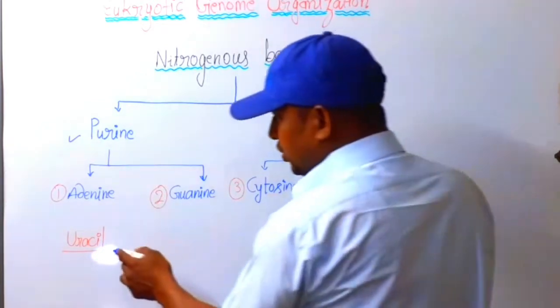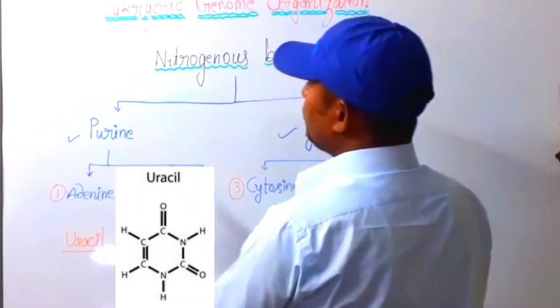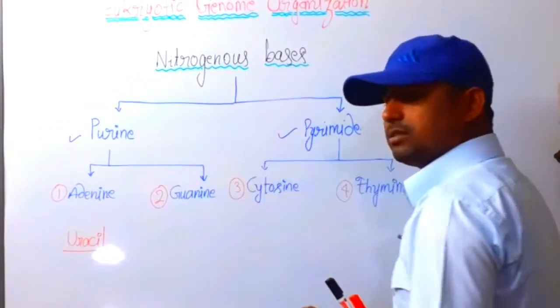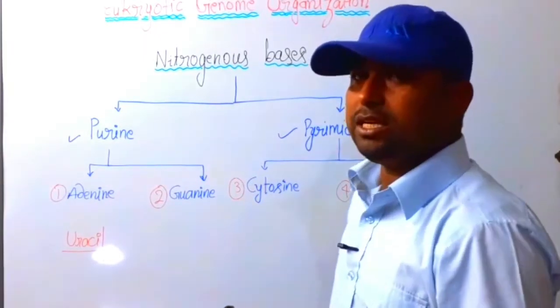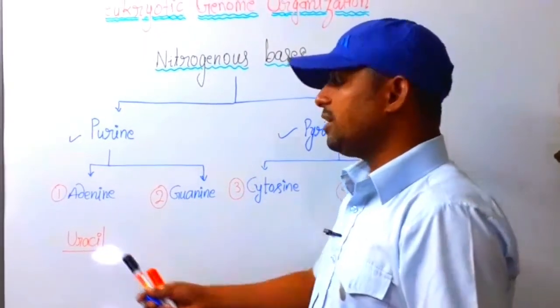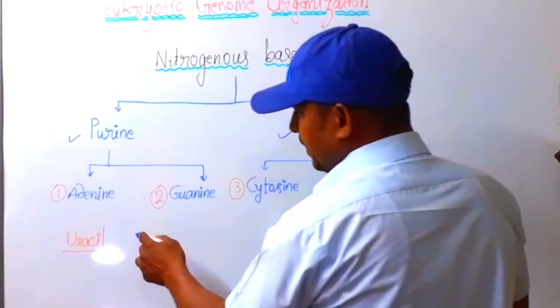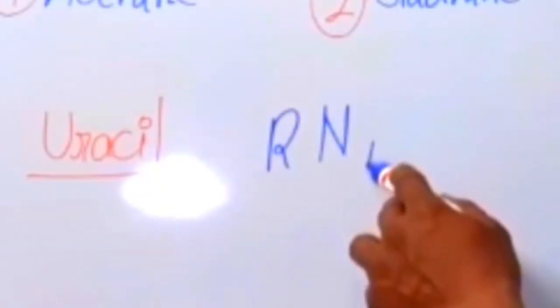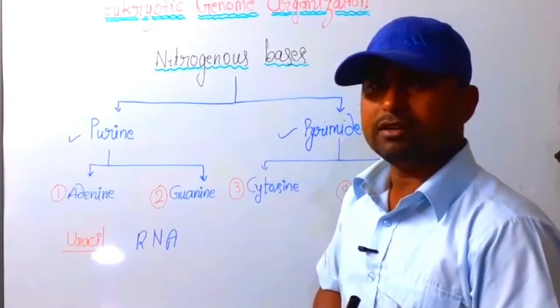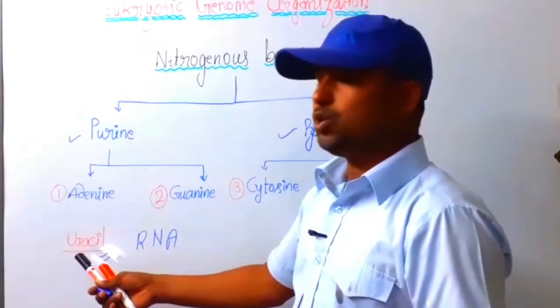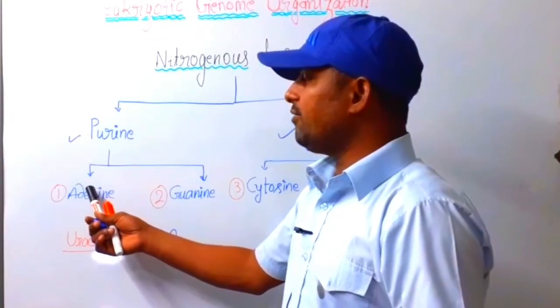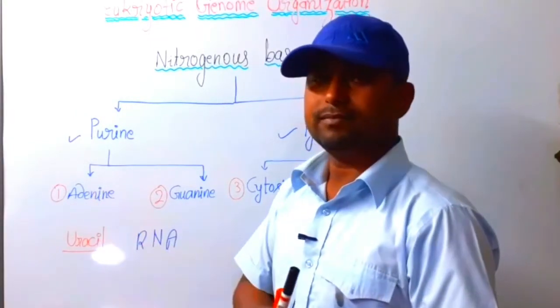While uracil is also a nitrogenous base, it is generally used in the RNA structure. Uracil is sometimes used instead of thymine.